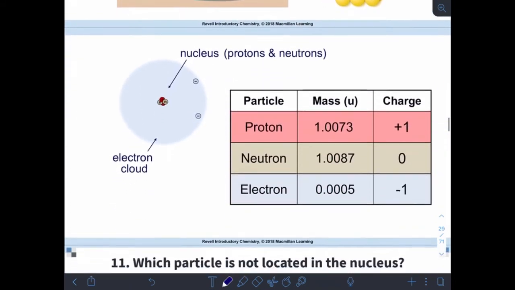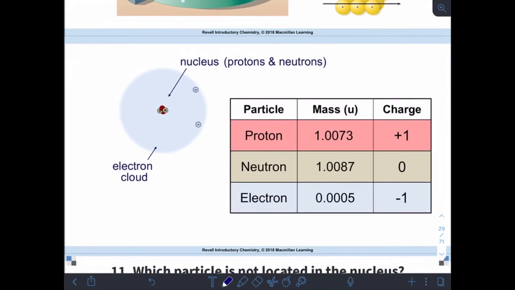And so they came up with the idea of a nucleus. And what they decided was that most of the mass and all of the positive charge was located in the nucleus. Okay, so you have protons with positive charge.